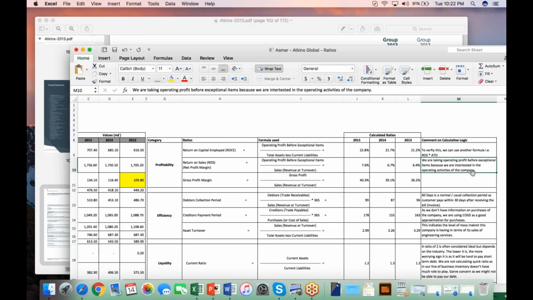We are not interested in exceptional items. We are not interested in any other income from any source other than the core business operating activities, and we are not interested in any amortization or depreciation. So these three things should be taken out.